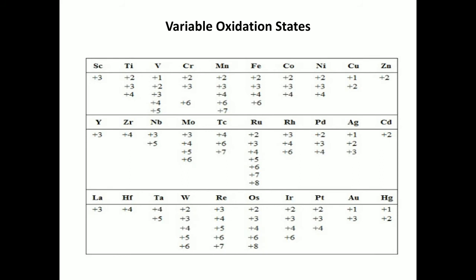Because of this small energy gap, n minus 1 d level electrons can easily enter the n level, and then they can participate in reactions. At the same time, transition elements have the capacity to allow the whole number of electrons, or only some of the electrons of an atom, into the reaction.